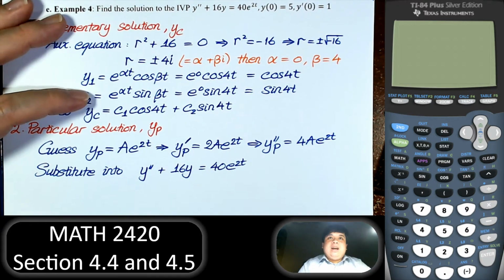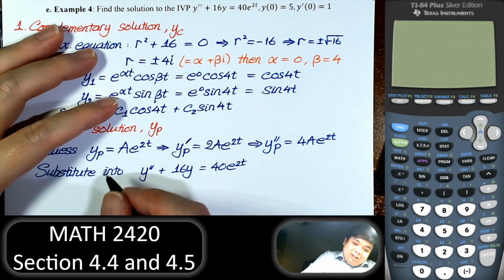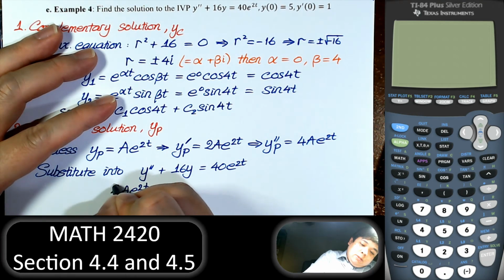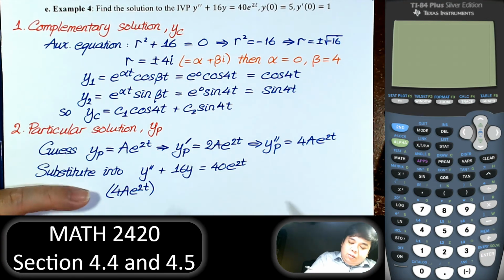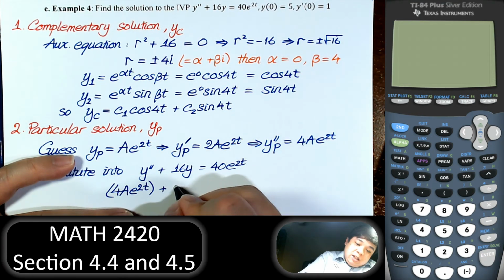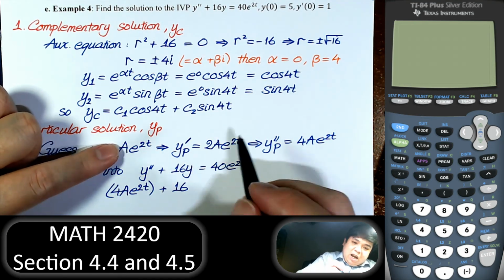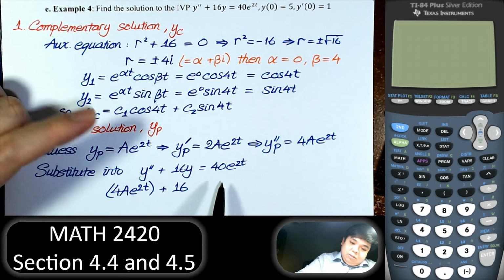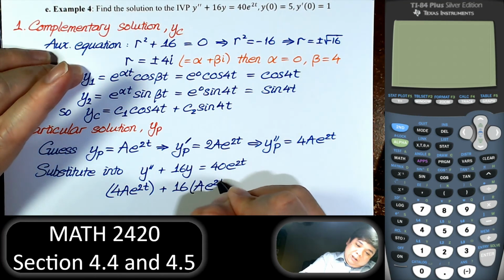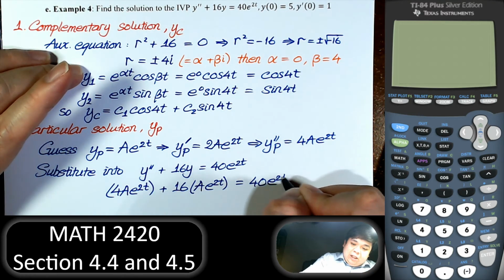This is not that bad, so I don't need any color code. Second derivative plus 16 times the first derivative times the function equal to 40 e to the 2t.